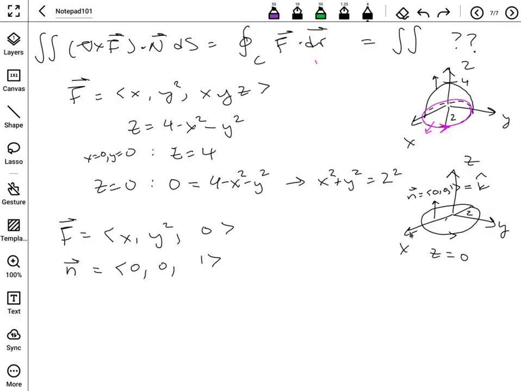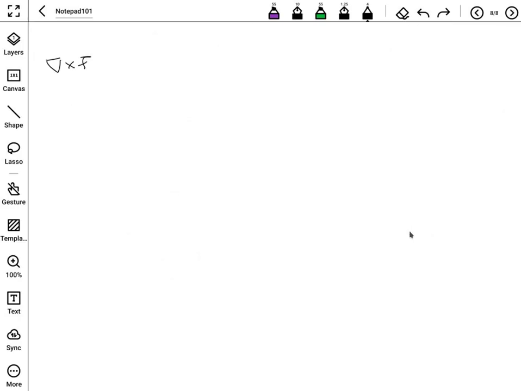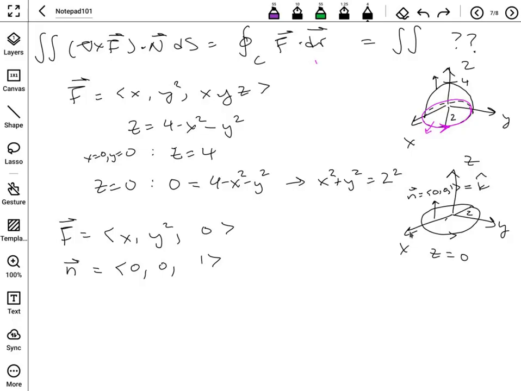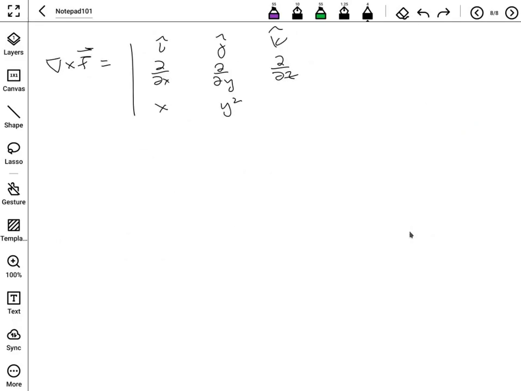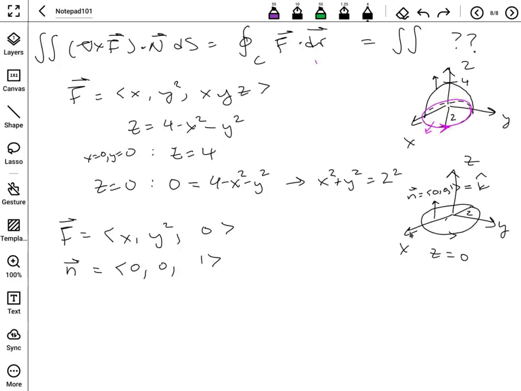So I'm going to calculate my curl, I guess. i hat, j hat, k hat, d dx, d dy, d dz, x, y squared, 0. But what I'm going to note is my normal vector is 0, 0, 1. When I dot that with my curl, whatever the x component is going to go away. Whatever the y component is going to go away. And I really only care about my k hat component.